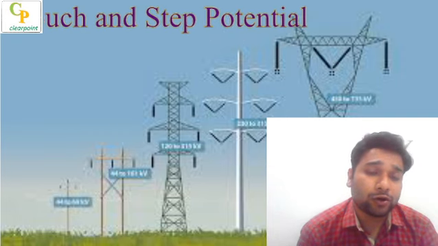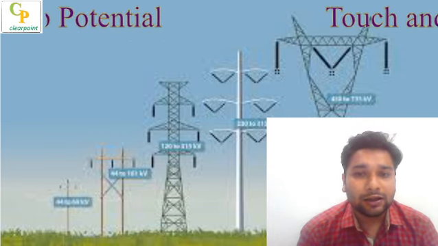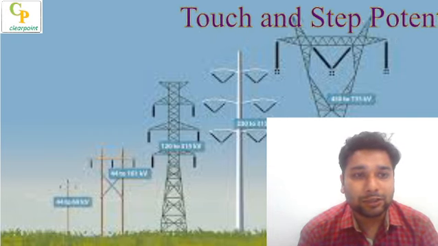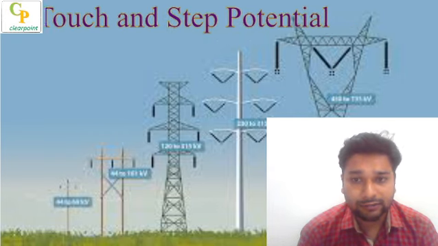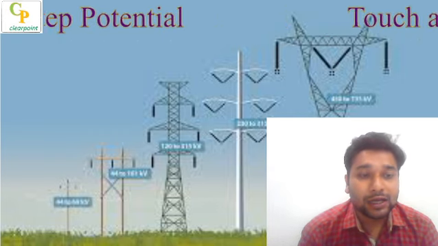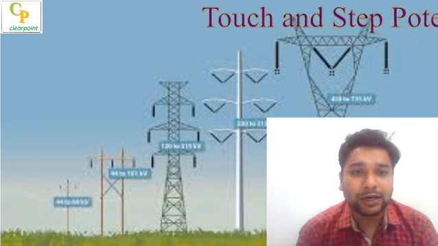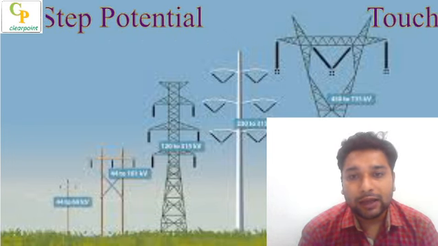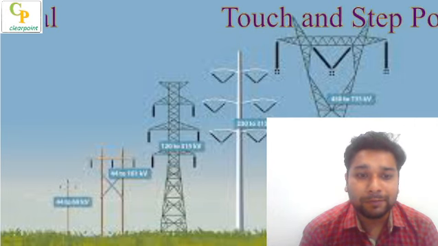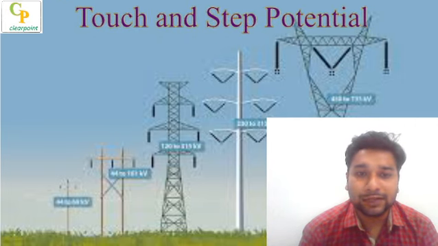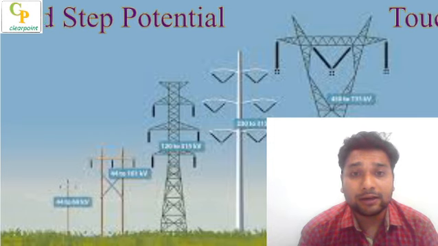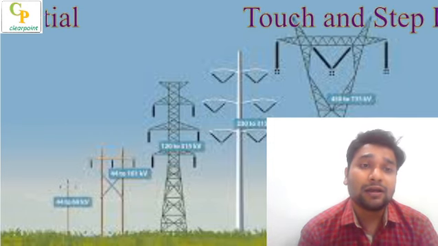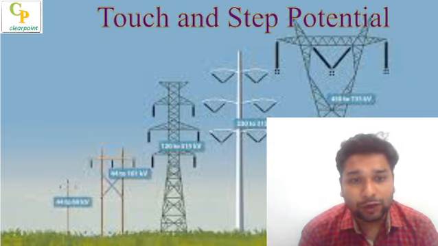At every tower we can provide earthing, but it is not possible where there are possibilities of conductors falling. Even if we have a 1 kilometer transmission line, with a span of 1 kilometer between two big towers, and the conductor breaks at some 100 meters, then we have a 900 meter cable falling on the ground.